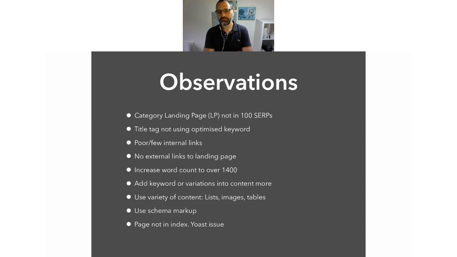So they were using image, video, tables, which they weren't doing enough. There was no schema markup on the page, or very, very little from memory, markup which tells Google extra bits of information about the content of a page. There were a number of little things, but they all add up to one bigger issue.